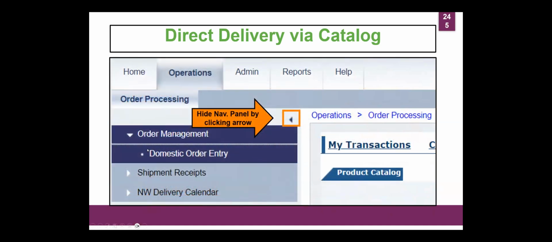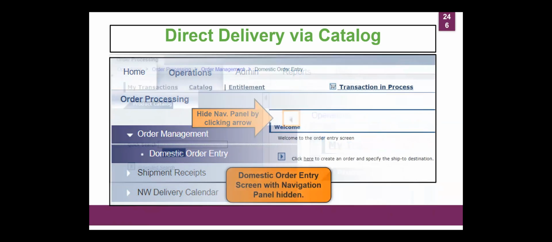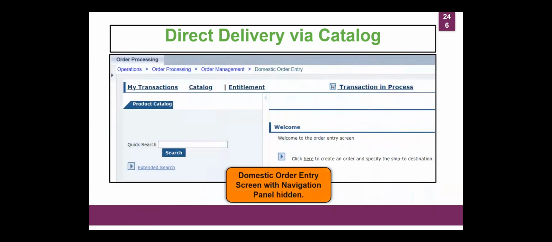So when we clicked on domestic order entry, a screen opened, you can hide that navigation panel by clicking on the arrow. So now you will see a larger screen and you'll see the quick search box.